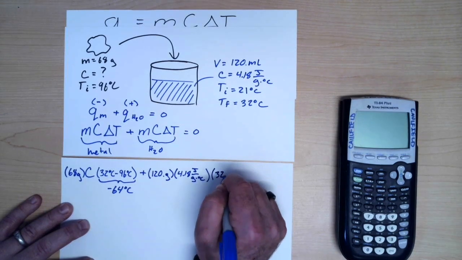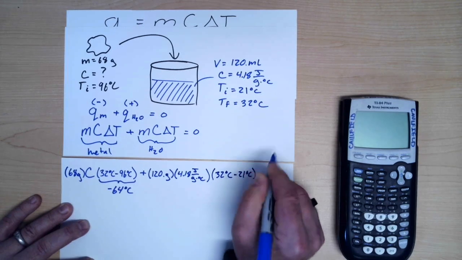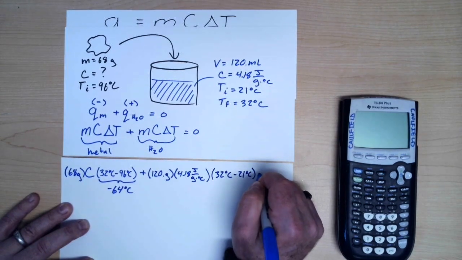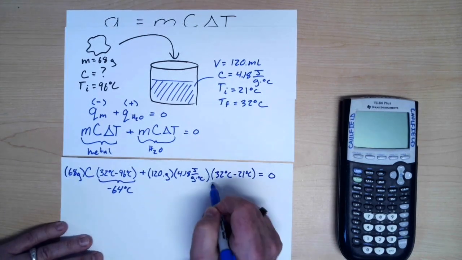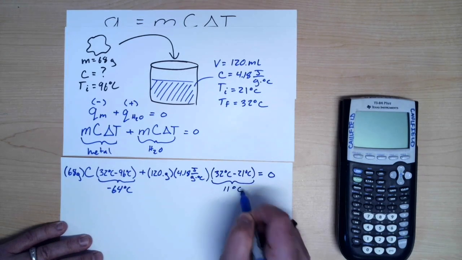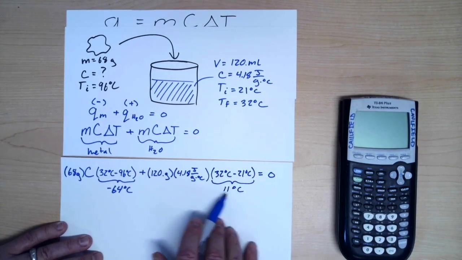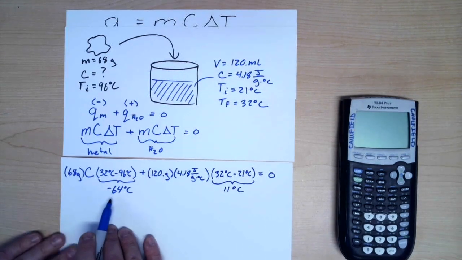So 32 degrees C minus 21 degrees C. Again, that was the first law of thermodynamics argument. This, of course, is going to collapse down to 11 degrees C. Energy increase, temperature increase. This one, of course, dropped.